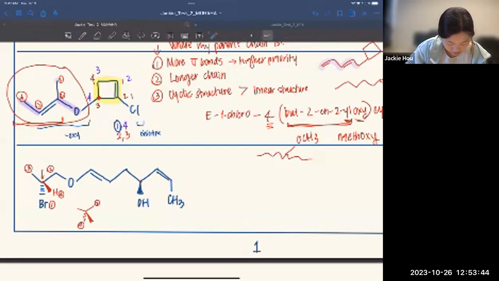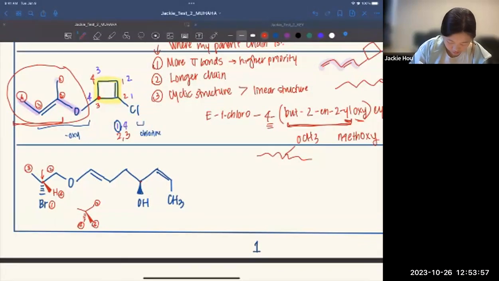Again, I'm rotating so that this goes over here, the bromine comes over here, and then this methyl comes over here. Makes it much easier for me to name this.